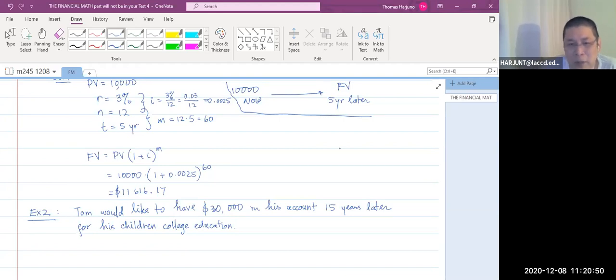So suppose I have that plan. 15 years later, I will give my son, let's say, money to go out for his education. Then how much does he need to deposit now?